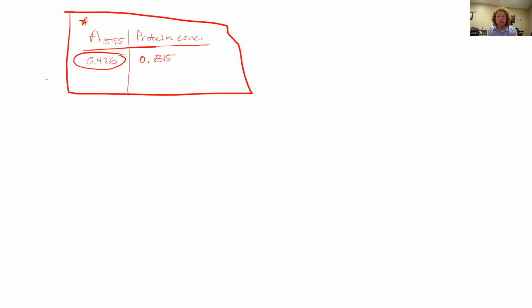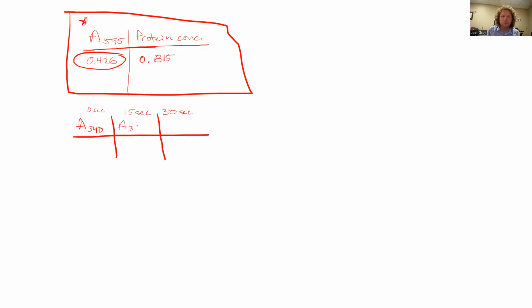So let's say this exact same sample, you did a catalytic assay on it. For that catalytic assay, you measured A340, so absorbance at 340 nanometers at several different time points: 0 seconds, 15 seconds, and 30 seconds.